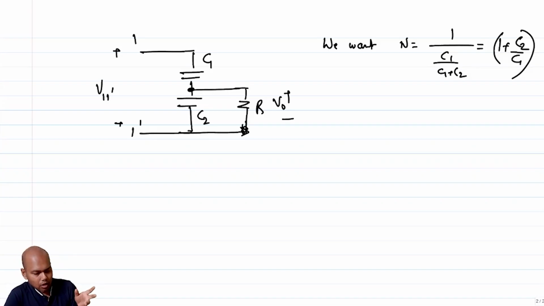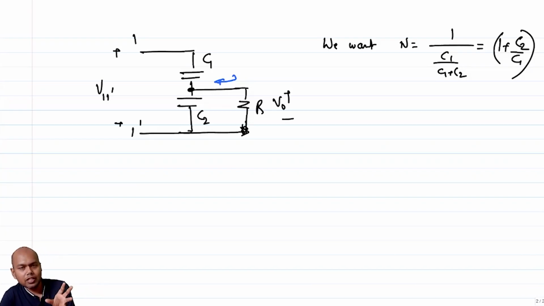Now note that the moment I introduce R, strictly speaking, this division ratio is not that. But the next question is, under what condition will the division ratio be this? The condition is that the impedance looking here, at whatever frequency of interest, is much smaller than R. You do not want the R to load the capacitive divider.